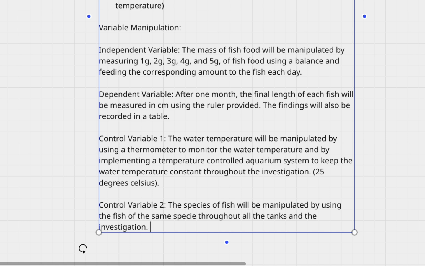So we're basically going to use fish of the same species throughout the investigation, and that's how we're going to manipulate control variable 2. We're going to keep the fish species constant and not just take any random species. So that's it for this.